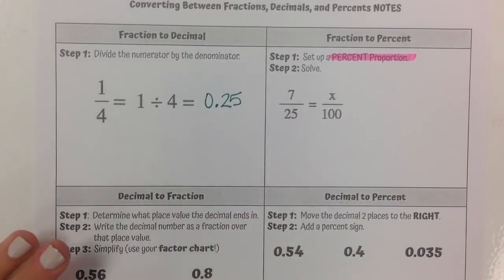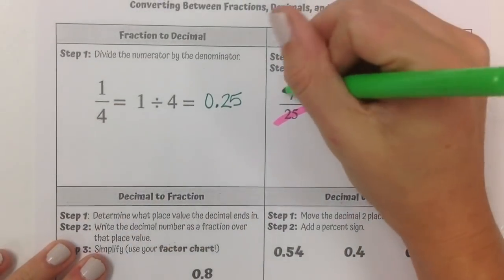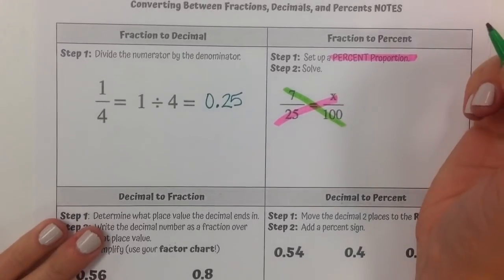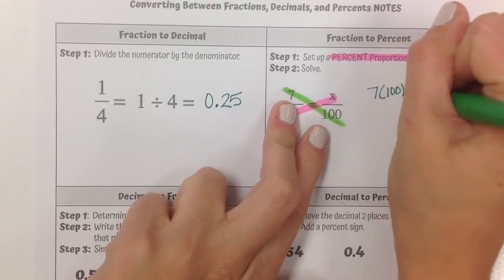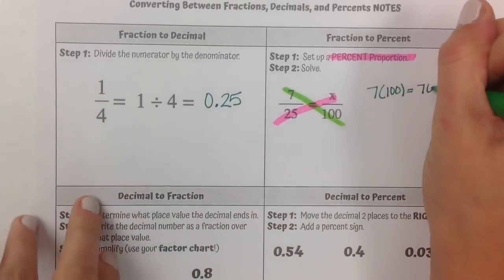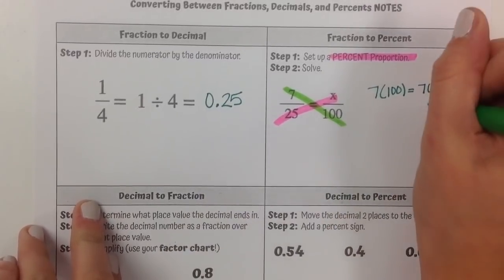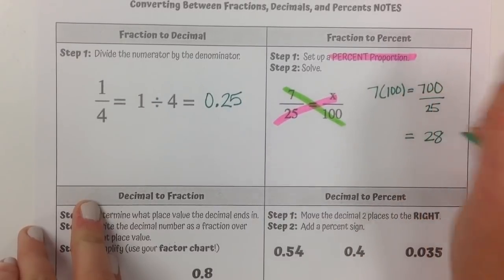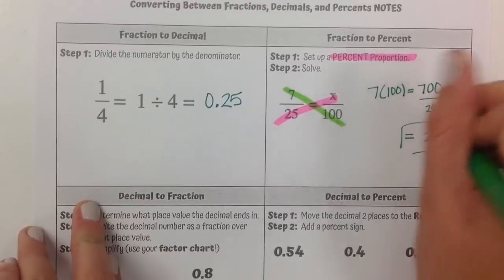Now we've got a basic percent proportion that we should be able to solve by looking at the diagonals. I'm going to multiply the diagonal that has two numbers: 7 times 100 equals 700. We divide by the number that's on the same diagonal as the variable, divide by 25, and you should get 28. We were solving for a percent, so this should be 28%.